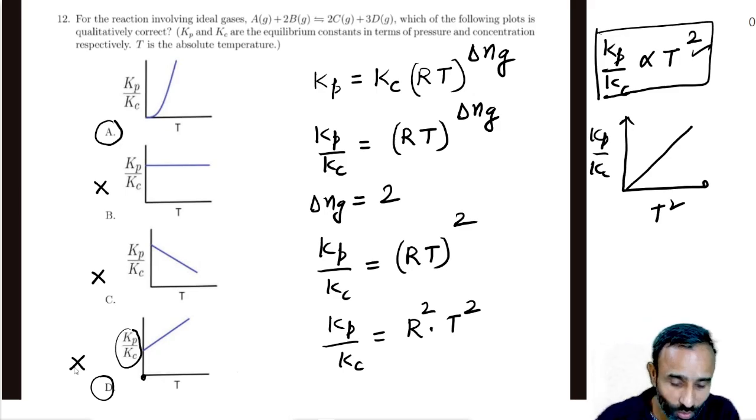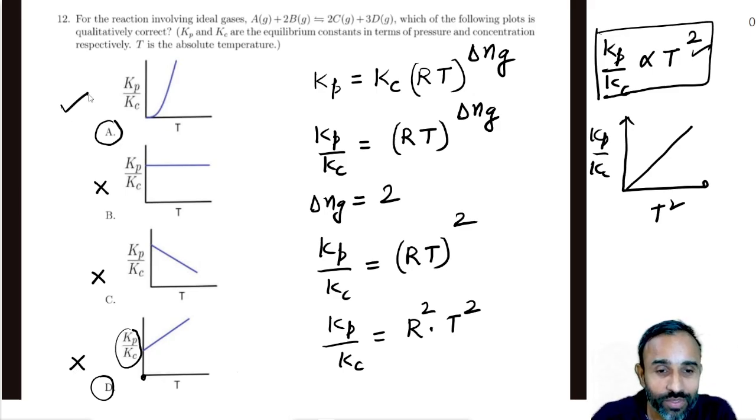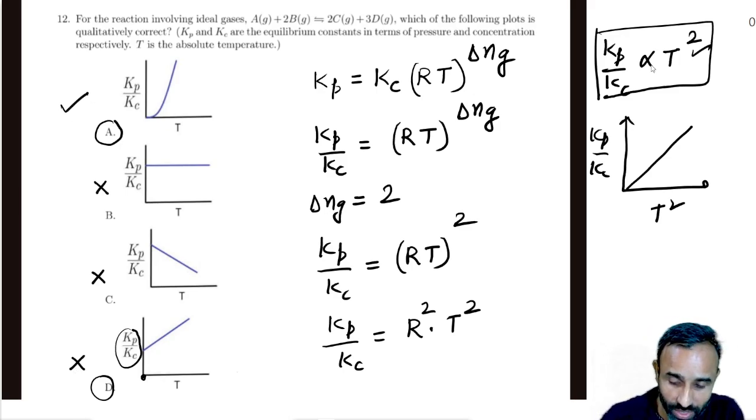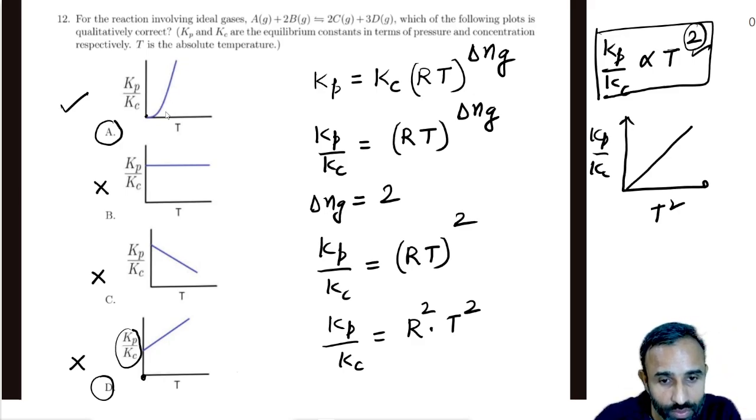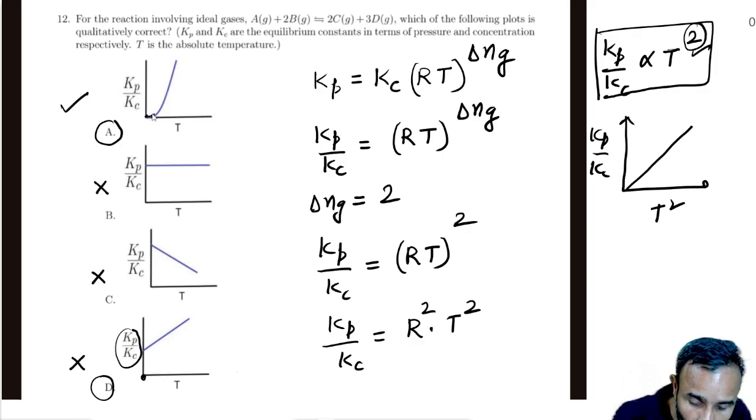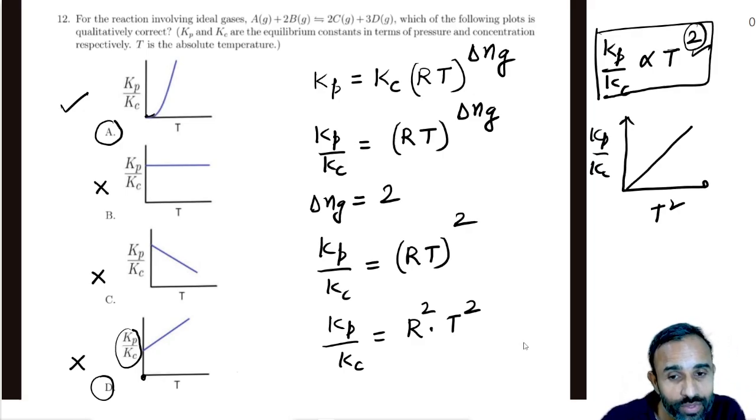So we are left with only one option, A. Because as temperature increases, Kp by Kc increases by power 2, it starts from 0 and increases like this. It is from the origin only. So I think option A is correct. Is it?